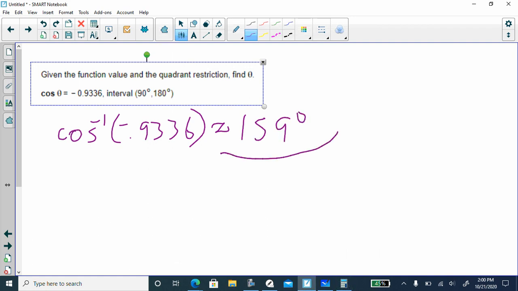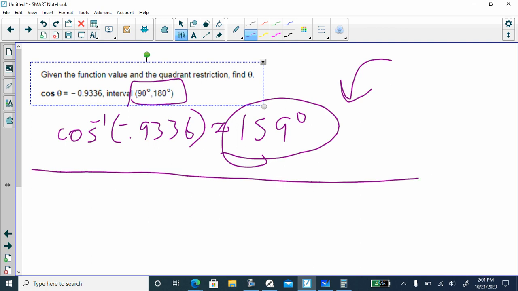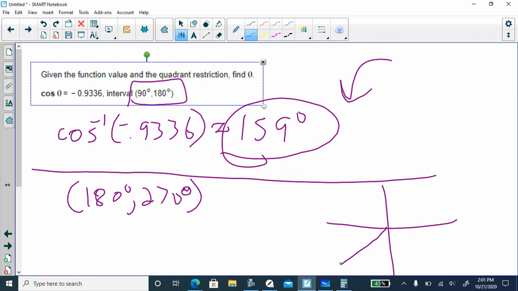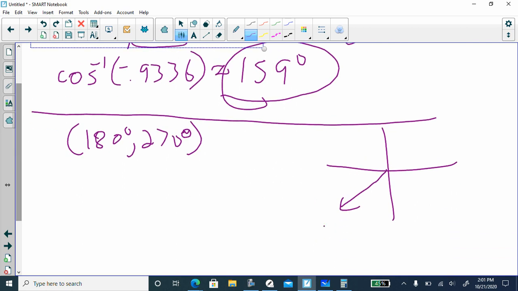In this case, the angle that they give us is in that interval. If they give us one that is not in that interval, then we would use the reference angle. For example, if they said instead of between 90 and 180, if they say between 180 and 270, so in this direction, notice cosine is still negative because anytime the x-coordinate is negative, cosine is negative.